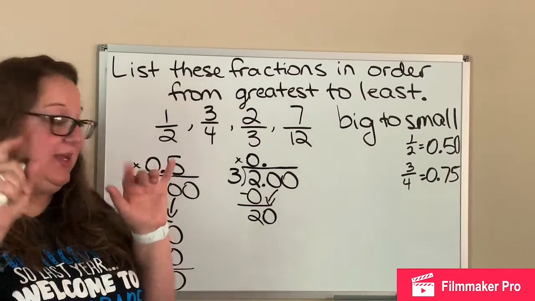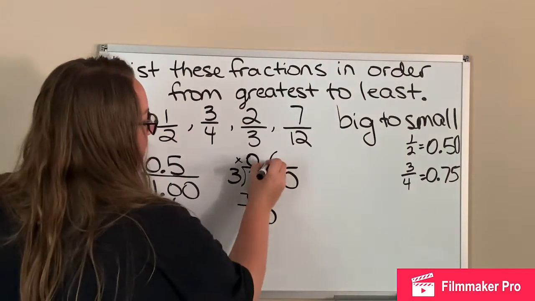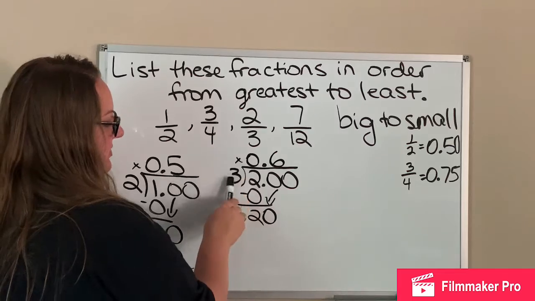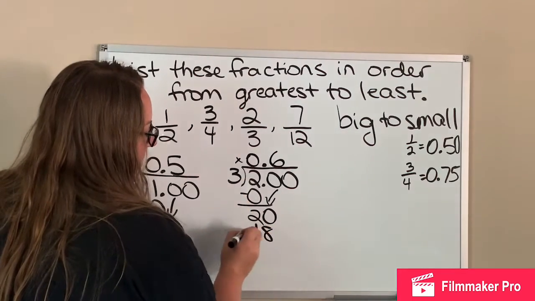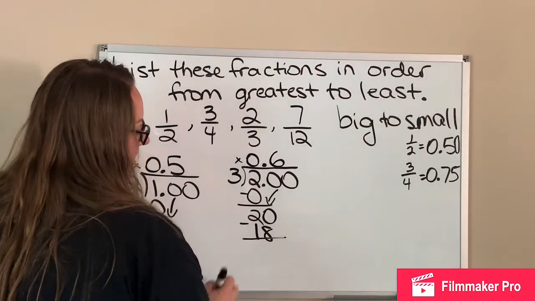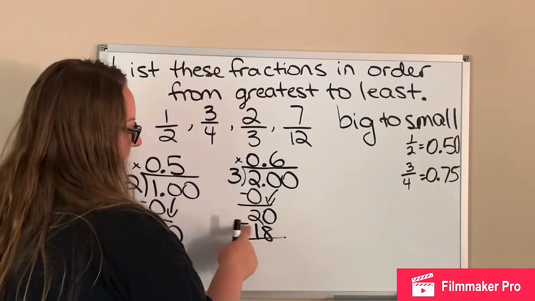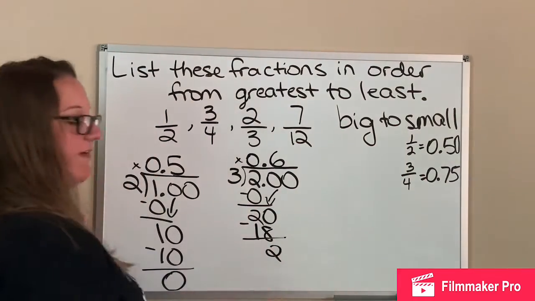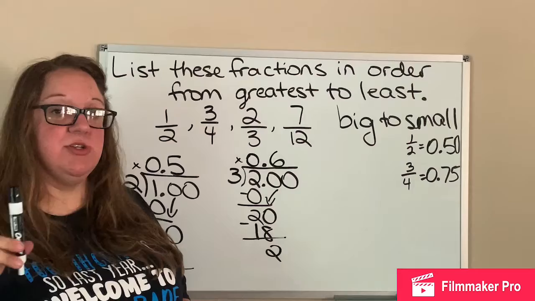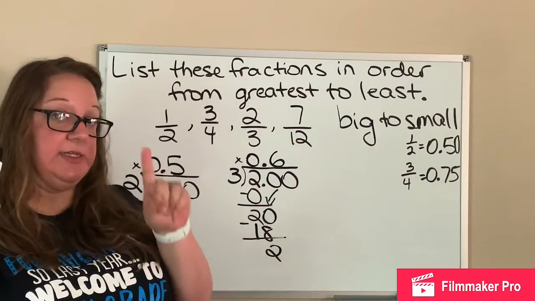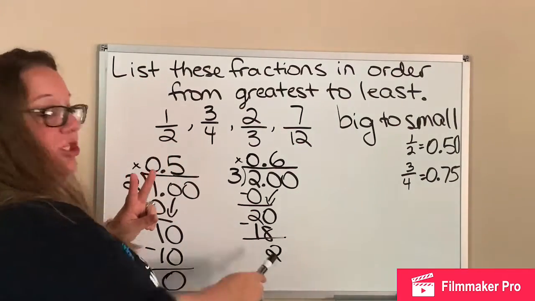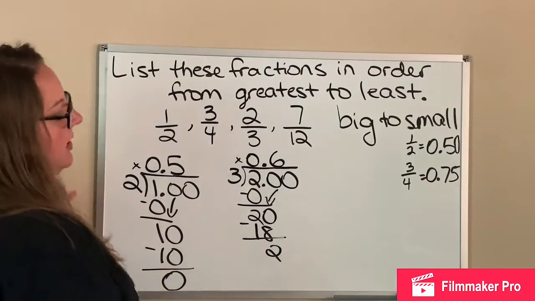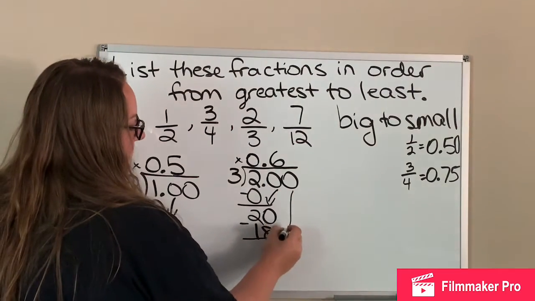So 6 is going to go here. 6 times 3 is 18. Subtract here. 20 minus 18 is 2. If I put 18 in my head and I count up to 20, 18, 19, 20. 2. All right. Now I'm going to drop this 0 down.